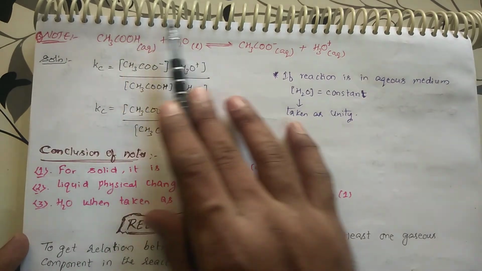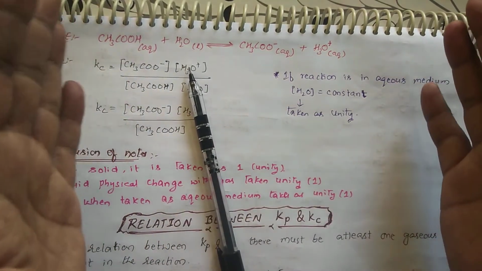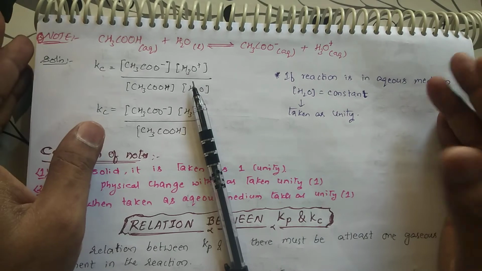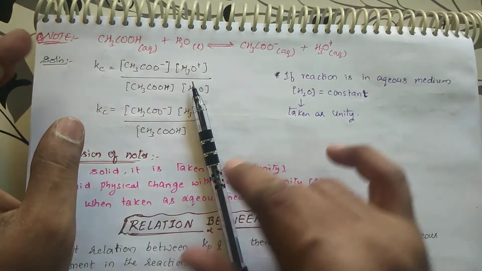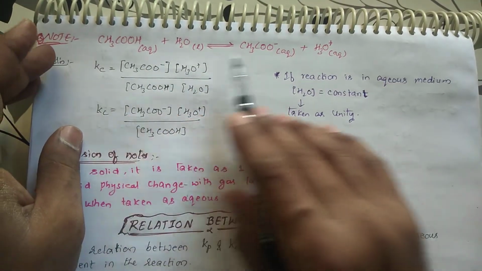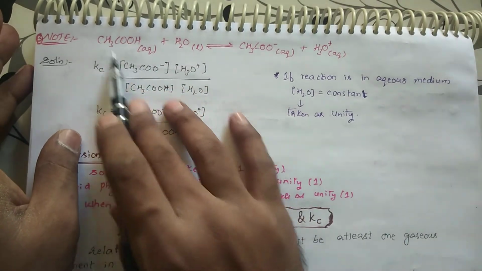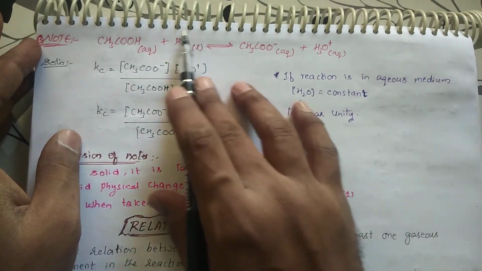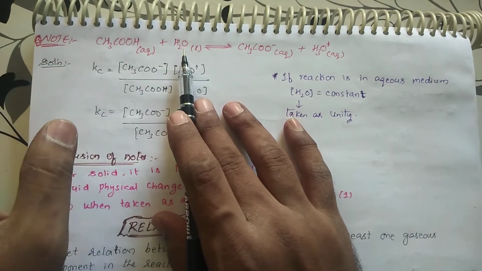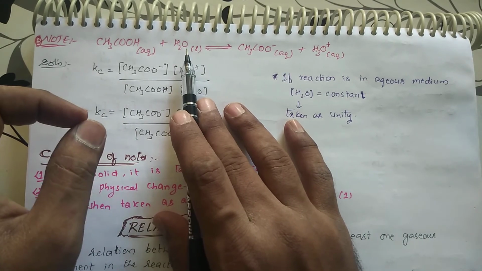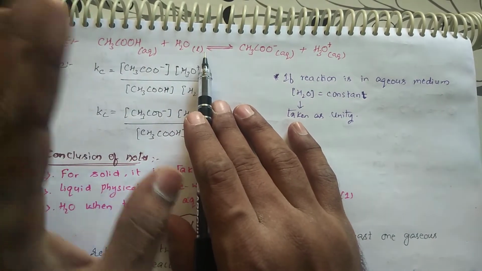Acetic acid is added to water, because suppose you are taking a bucket full of water and you are adding one glass of acetic acid to that. So that acetic acid is converted into this one, where the entire reaction is taking place in the solvent. Whenever there is a solvent in liquid state, that also will not be taken into consideration.